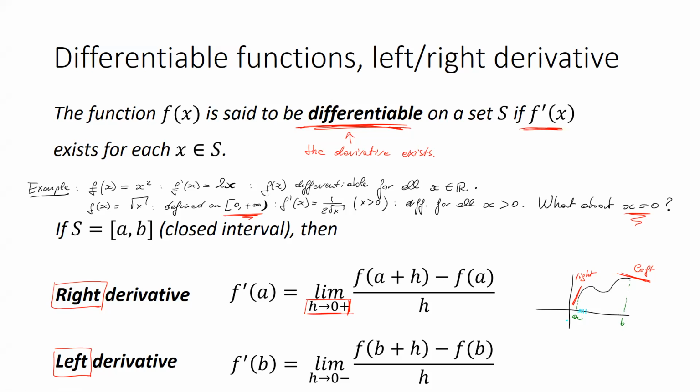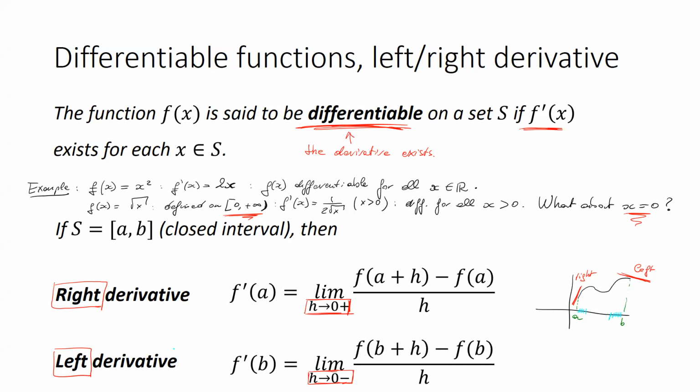And then conversely, for b, we'll take a left limit. So here we will walk towards b from the left side, and we'll look at what happens to the slope.